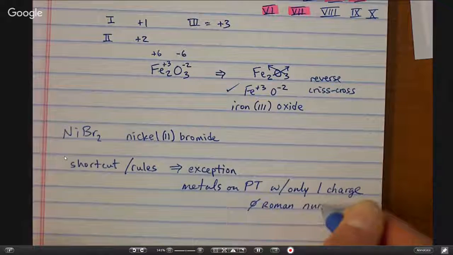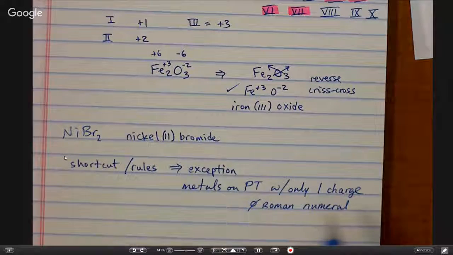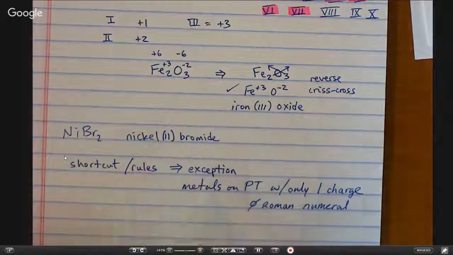So the question we would ask ourselves is, is this metal one of our exceptions? If it is, then it only has 1 charge, and so there's no Roman numeral. However, if it is not one of our exceptions, then multiple charges are possible, and we have to solve, like we did above, for the corresponding charge.